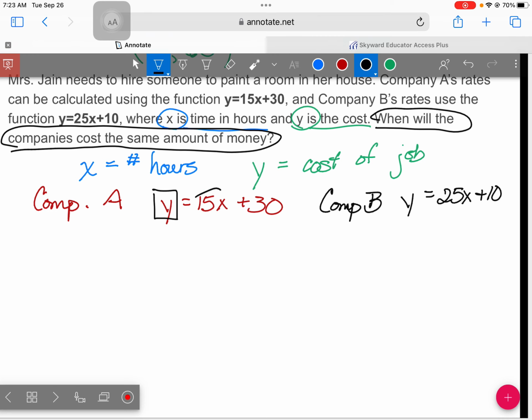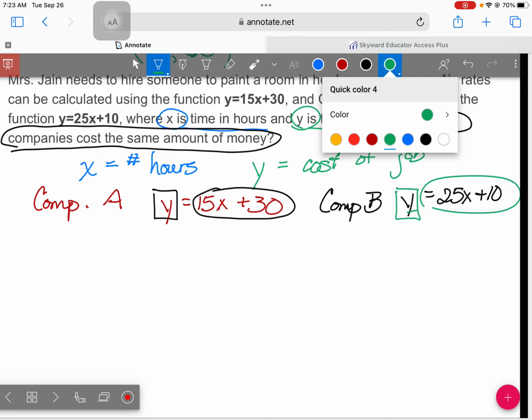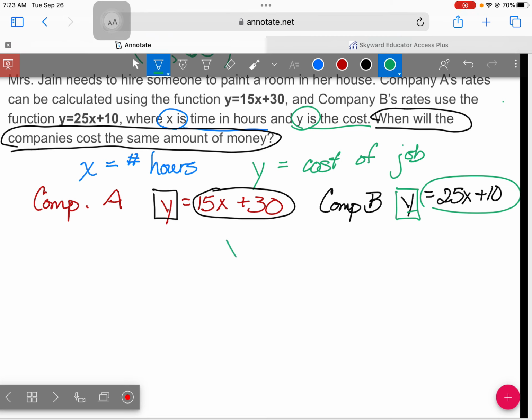Over here we have y equal to this. Over here we have y equal to that. Well, if y is equal to that and this y is equal to that, couldn't I set these equal to each other? Yeah. So for example, Company B says y equals 25x plus 10. That's this one right here.